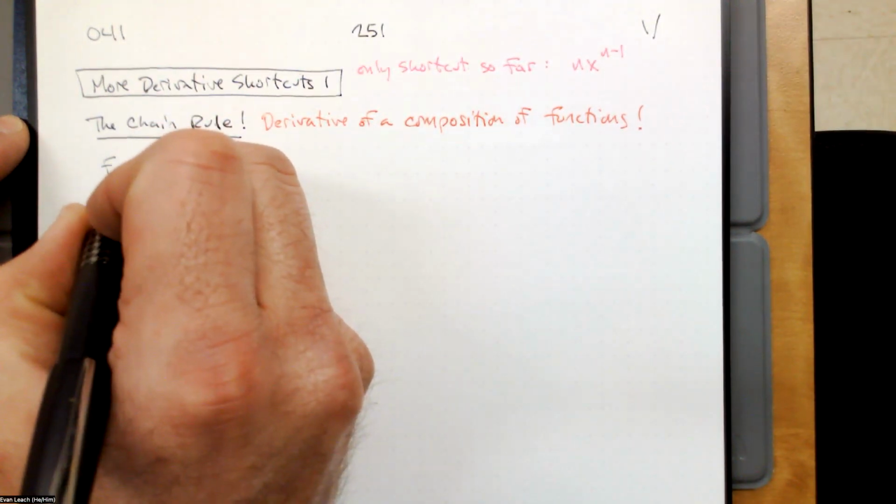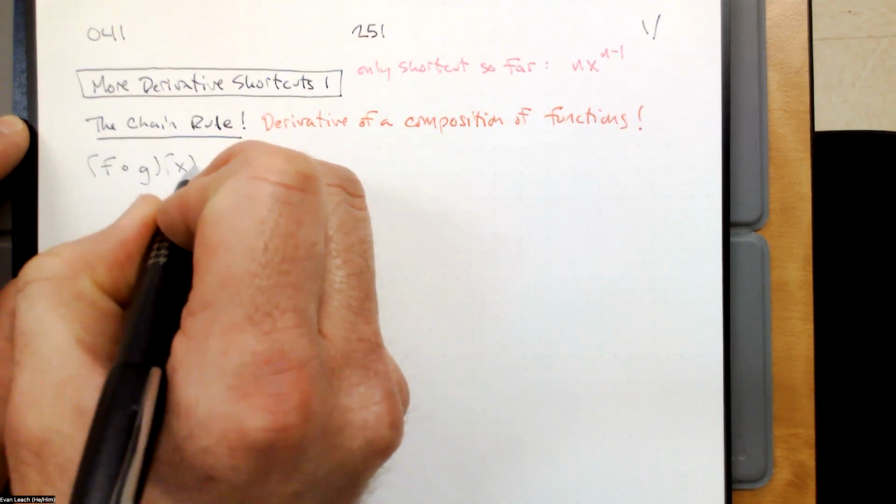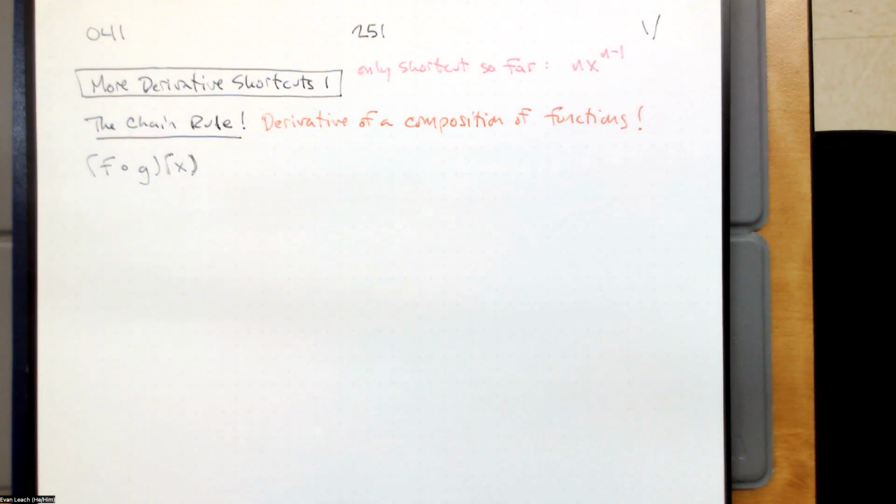We do have notation for this. Although it's less common, you make a small circle. And so this would be the composition of functions f of g of x. First, you apply g to x, and then you apply f to the result.